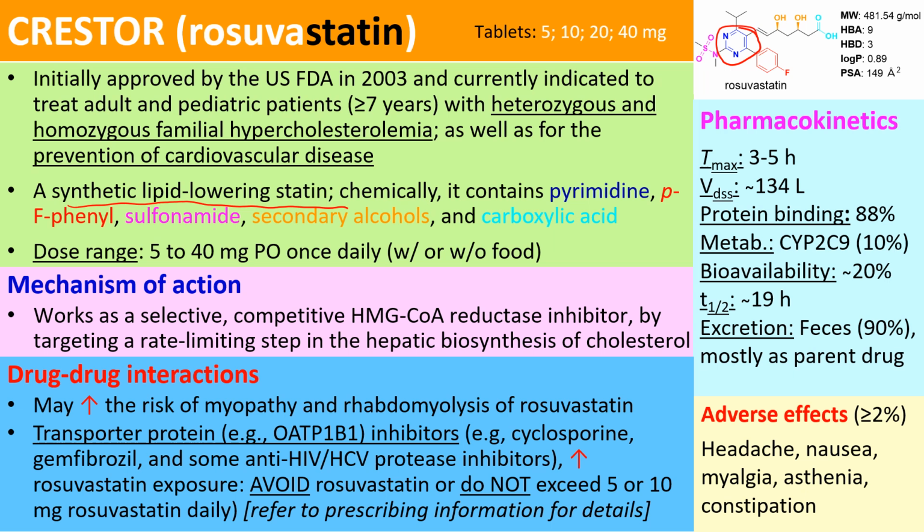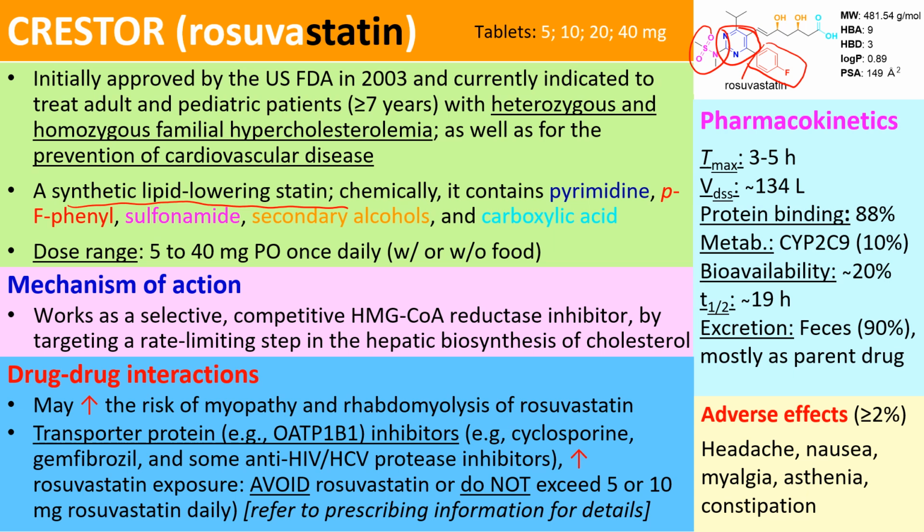Similar to atorvastatin, rosuvastatin also contains the same parafluorophenyl motif, sulfonamide, secondary alcohol, and also the carboxylic acid. This medication is available as a tablet: 5 milligram, 10 milligram, 20 milligram, 40 milligram.